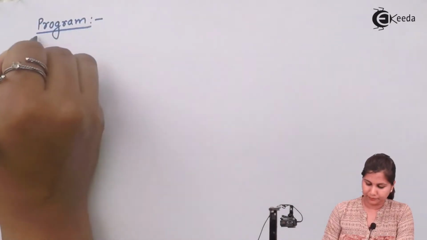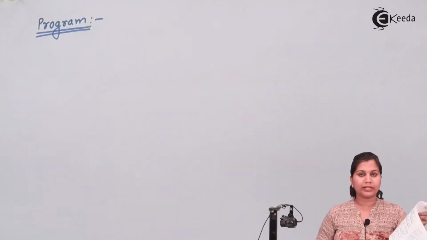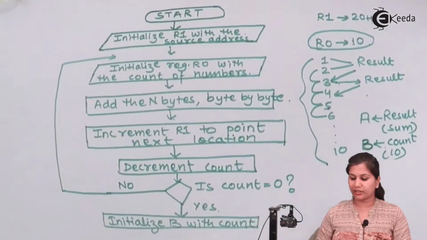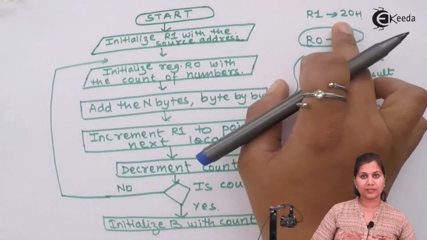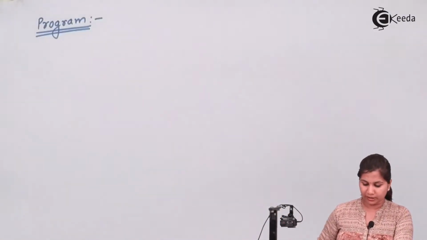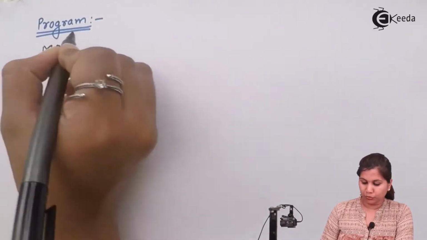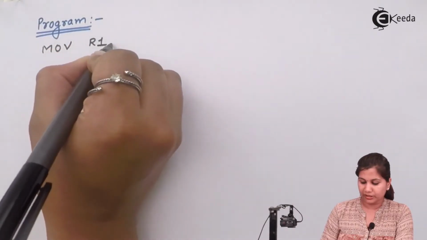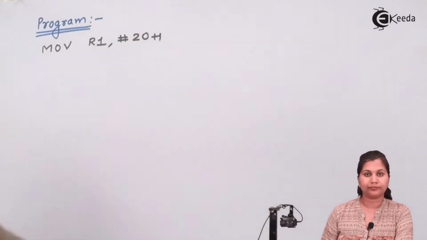Now in the flowchart, our first step is to initialize the R1 register with the source address, and we have supposed that the source address is 20H. So the first thing will be to move into the R1 register the immediate data 20H.